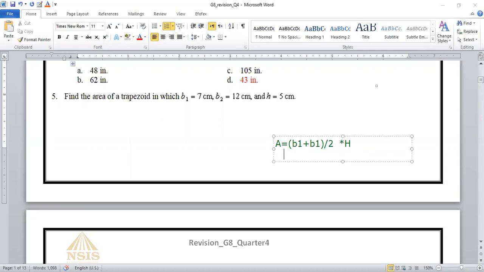First base equals 7 plus 12 over 2 times height equals 5. 7 plus 12 equals 19, divided by 2, 19 over 2 times 5 equals 47.5. The answer equals 47.5.